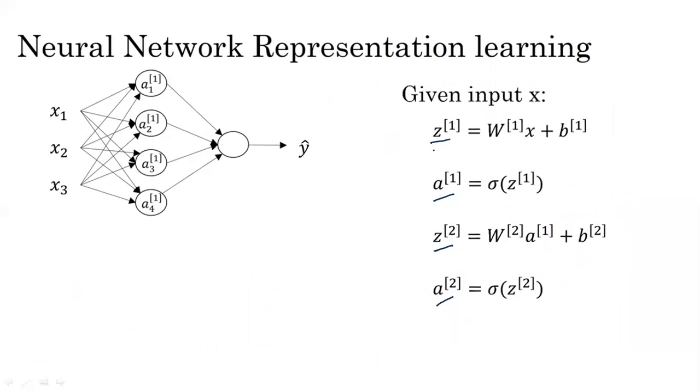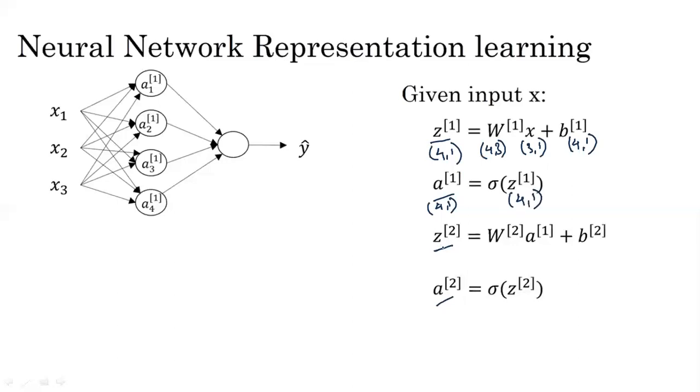Z1 was a 4 by 1 matrix, the parameter matrix W was 4 cross 3, X was 3 cross 1, and B was 4 cross 1. Similarly, the activation A1 was 4 cross 1, and Z1 was also 4 cross 1.